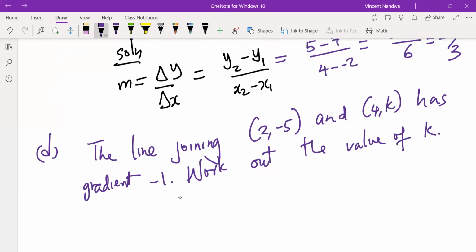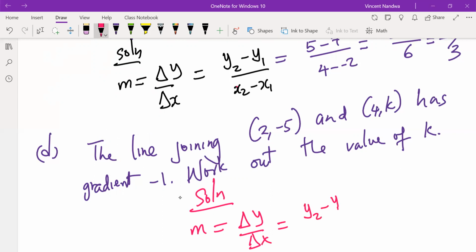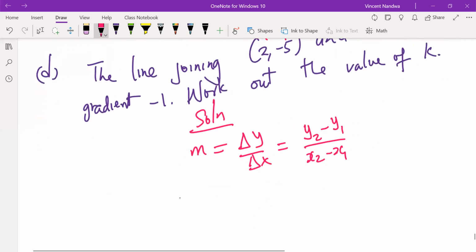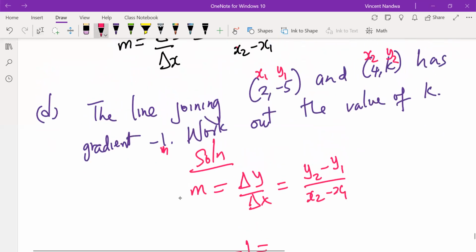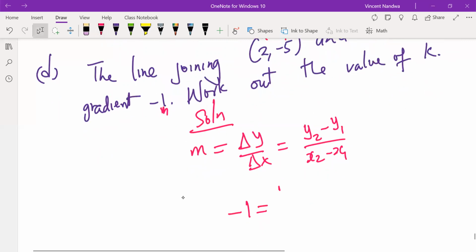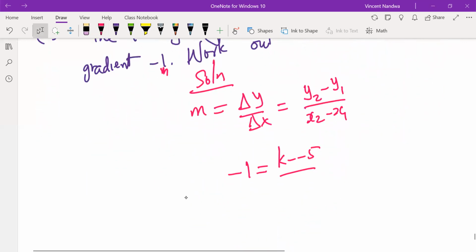So this is an application of the formula for finding gradient. By definition, m is change in y over change in x, which is y2 minus y1 over x2 minus x1. If we call this one x1, y1, this one x2, y2, and this is our m, it means that -1 equals y2, which is k minus negative 5, over x2, which is 4 minus 2.